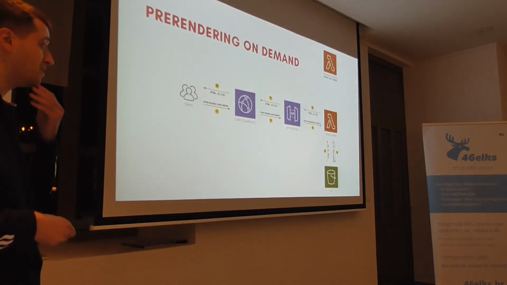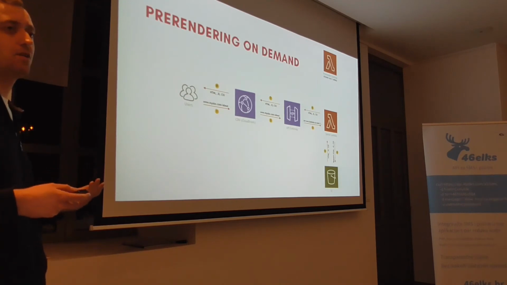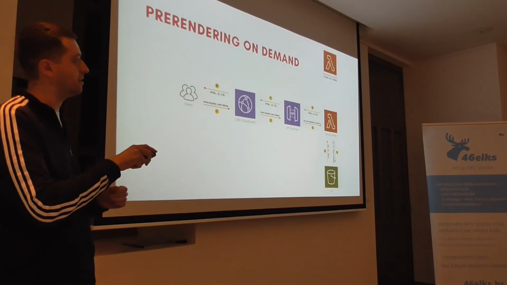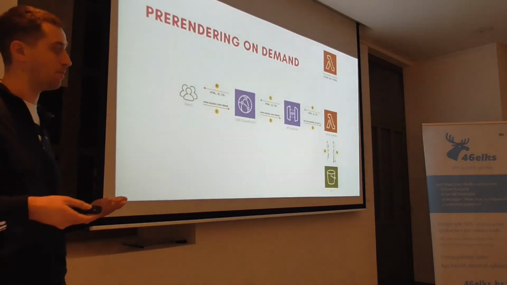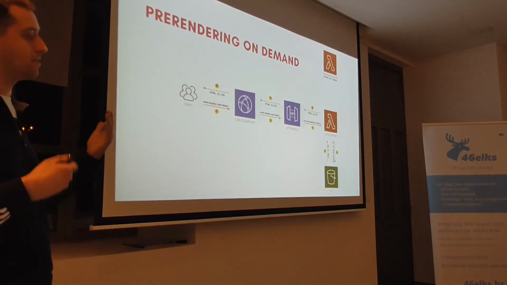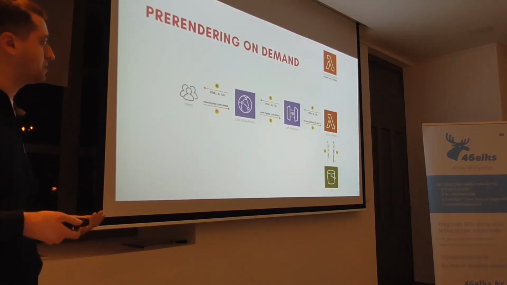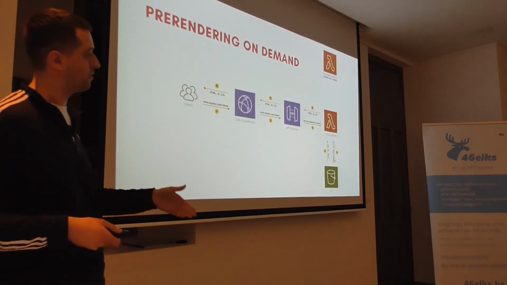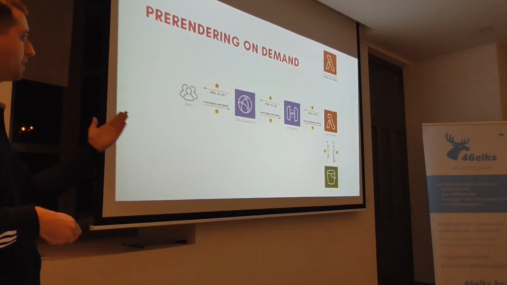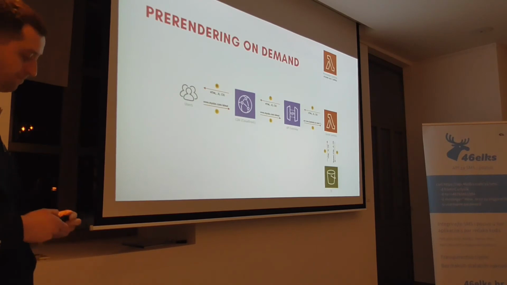And the only additional thing that this lambda function does is that detection I've been talking about. So in this lambda we detect if the request has come from a regular web user or a web crawler. So in this case it detected successfully that the request has come from a user, pulled the file from the S3 bucket and should respond back via API gateway and CDN back to the user.